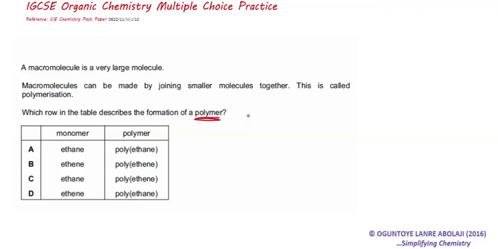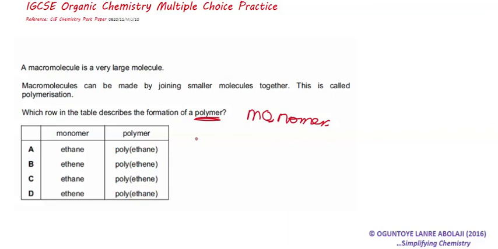What is a polymer? A polymer is a large molecule consisting of smaller molecules joined together. These smaller molecules are called monomers. To answer this question, you must know what monomers are. Monomers are the smaller molecules that make up a polymer via the process of polymerization.